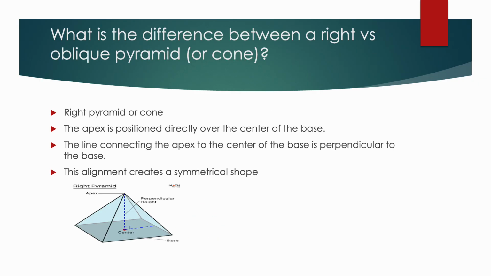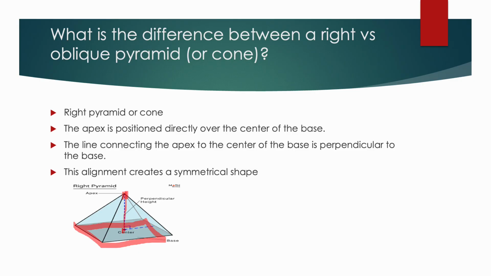Now, the difference between a right pyramid and an oblique pyramid is this. A right pyramid has the apex, this point right up here at the top, directly over the center of the base. So right here is the base, which is a square, and the center is right here. This apex, this point here, is directly above the center.